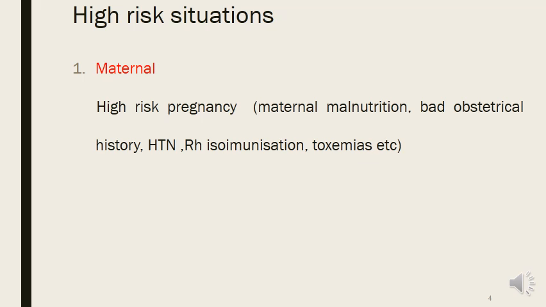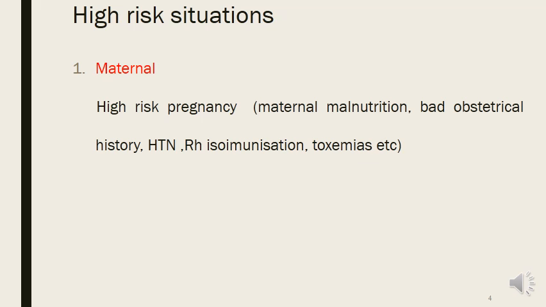In some cases we can anticipate resuscitation for the newborn. There are some high risk situations. For example, in case of maternal conditions like high risk pregnancy, for example, mother has malnutrition, or she has a bad obstetrical history.